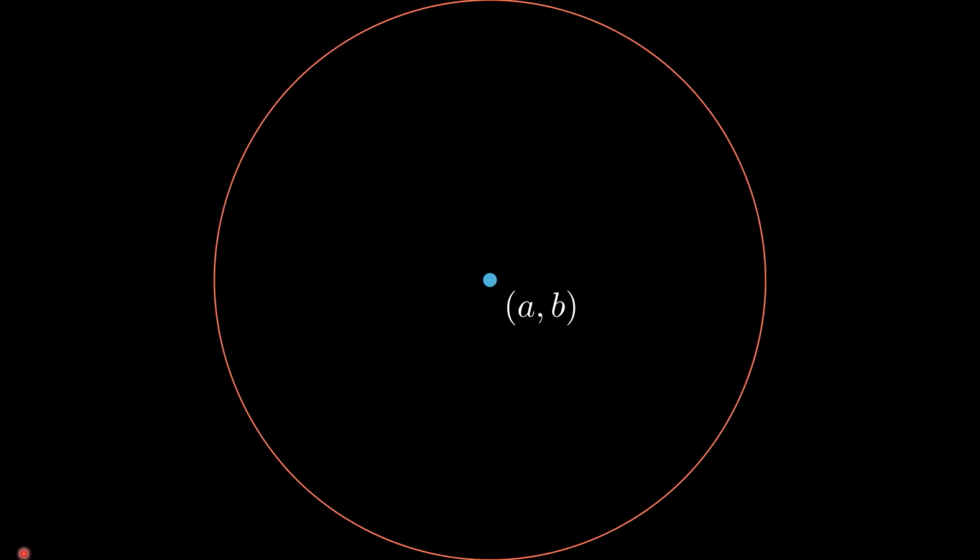So one thing we could look at when we look at the cardioid is that a cardioid can be generated from a bigger circle.